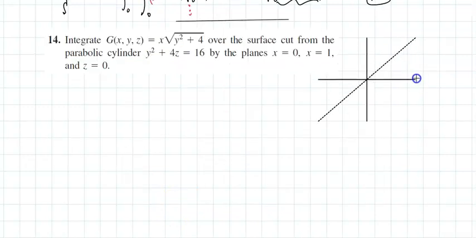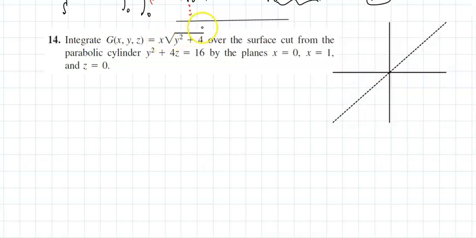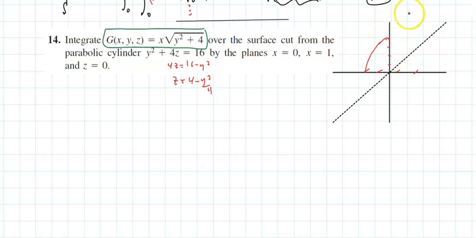And on number 14, there is G, whatever G is, that's the surface, but over the surface cut by the cylinder, and x runs between, let me see, 1, 2.